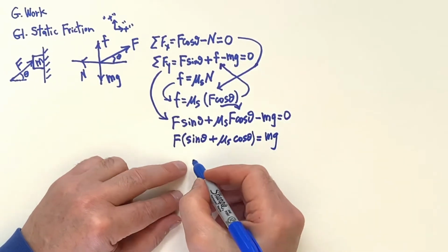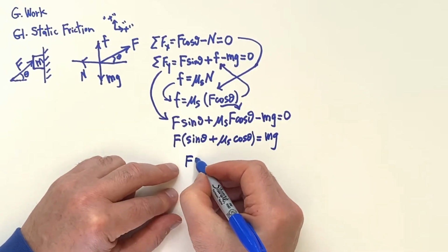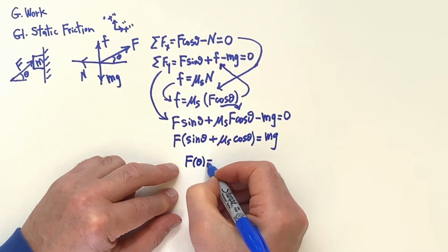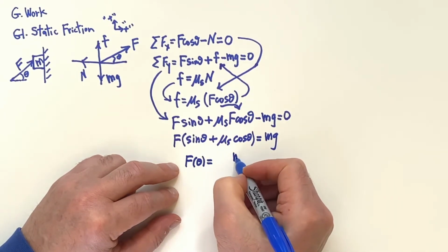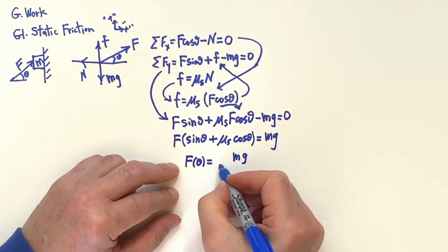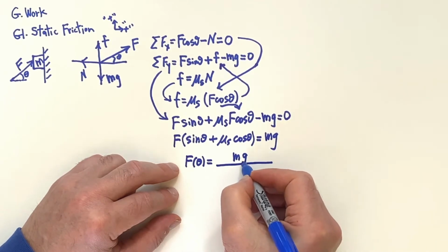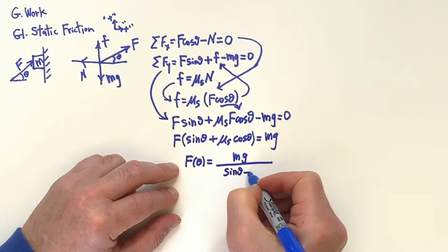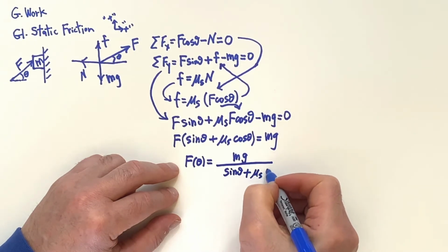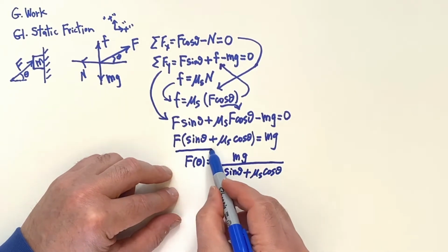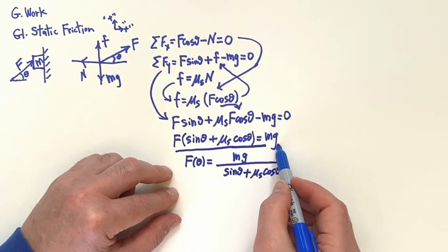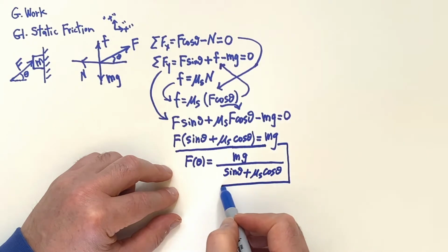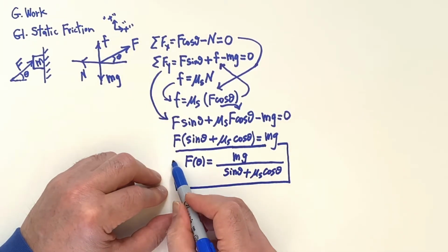So we're basically finished. The force as a function of theta is mg divided by sine of theta plus mu s cosine of theta. And that's the nice equation that gives me the force as a function of the angle.